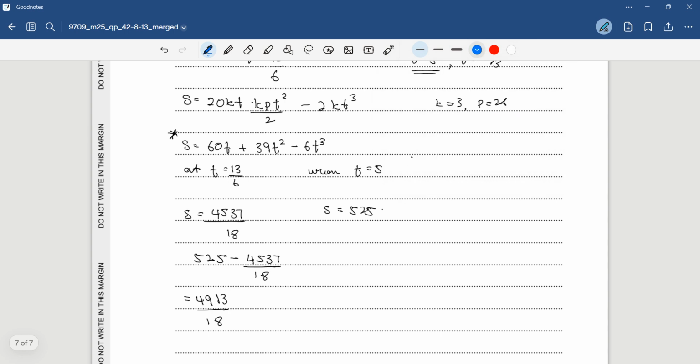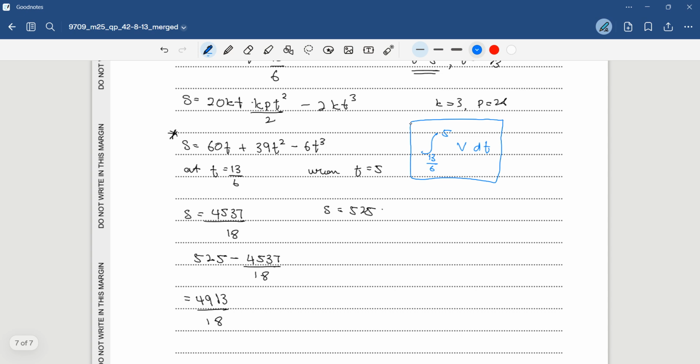Okay, so you can do it like this, or let's say you are not confident, you can also do it this way: the integral from 13 over 6 to 5 of v dt. You can also apply this.